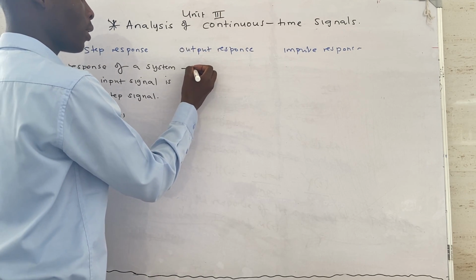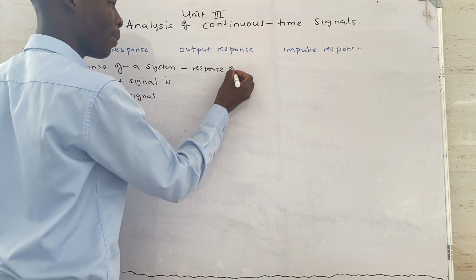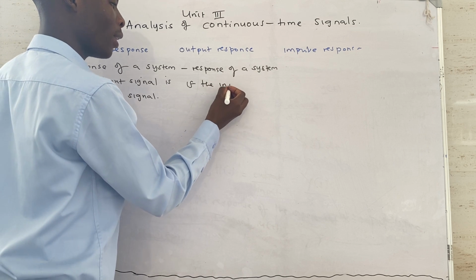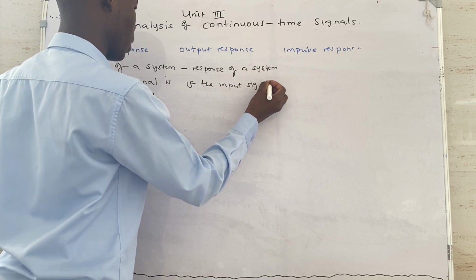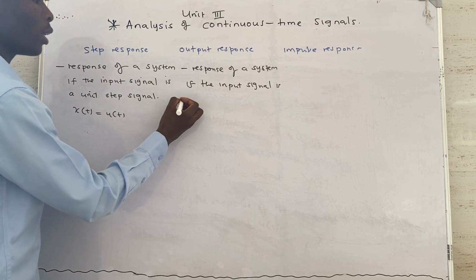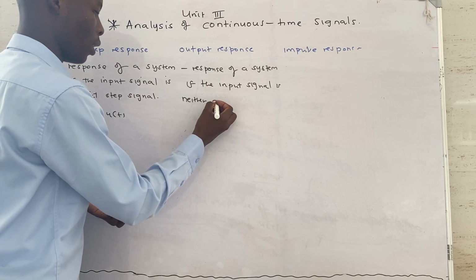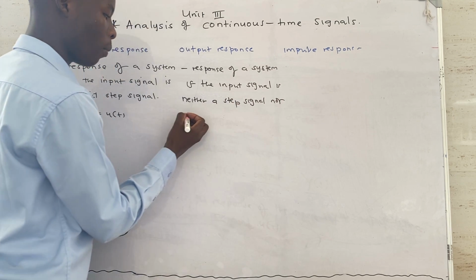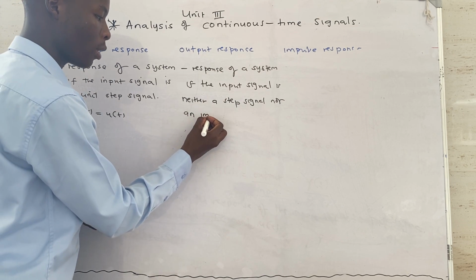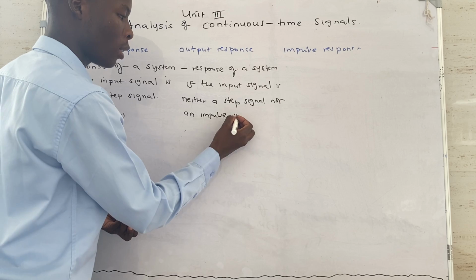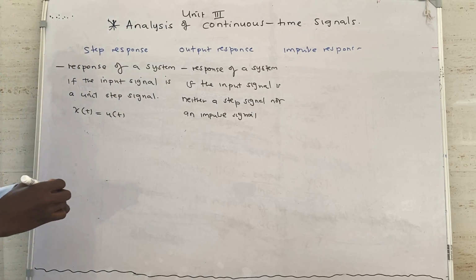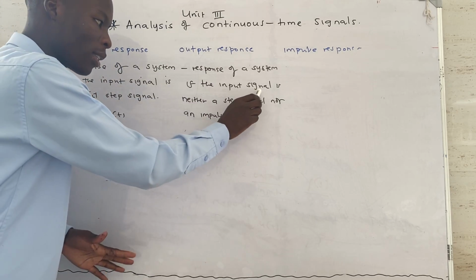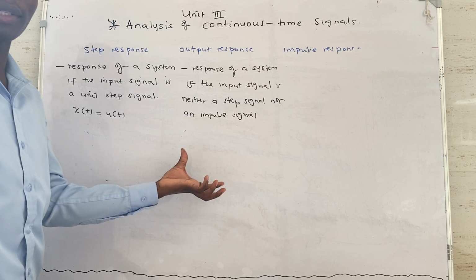The output response is the response of a system if the input signal is neither a unit step signal nor an impulse signal. In this case, the input signal is not a step signal, and it is not an impulse signal.